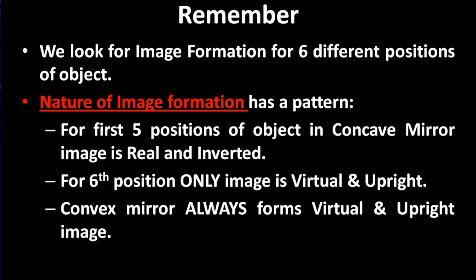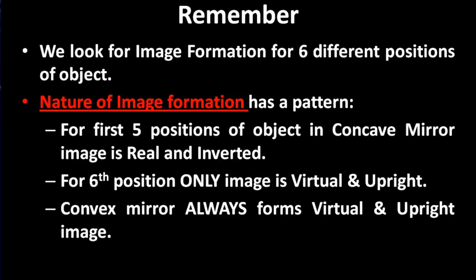Now let us remember certain important things. We look for image formation for 6 different positions of object. You should remember these 6 different positions. The nature of image formation has a pattern. When we talk about nature, we talk about whether it's real or virtual.